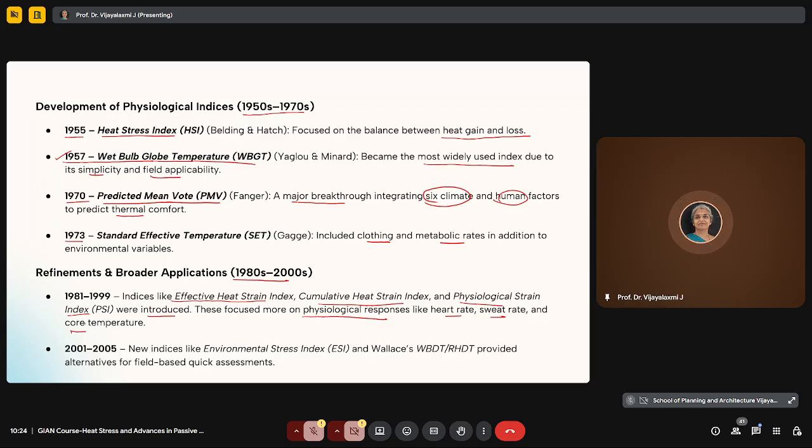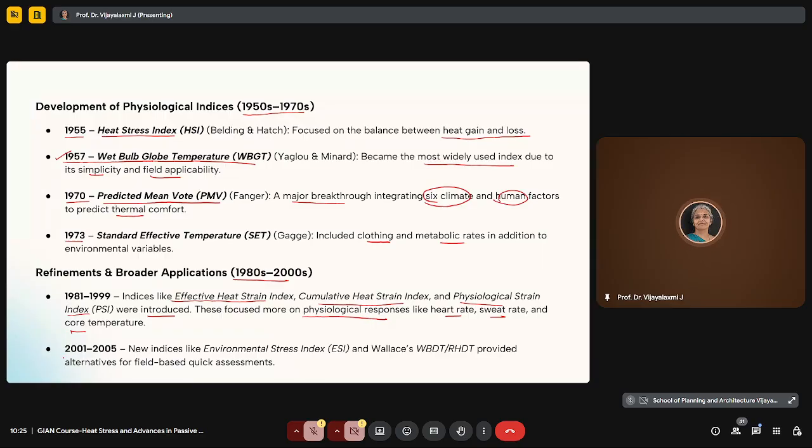So when you are following any of these methods, you should understand the purpose for which you are computing heat stress, because the factors involved in each of these methods are different, and that is related to the purpose for which you are computing.